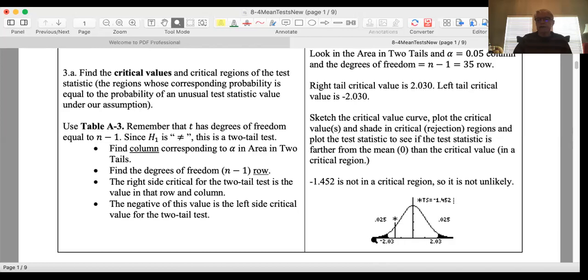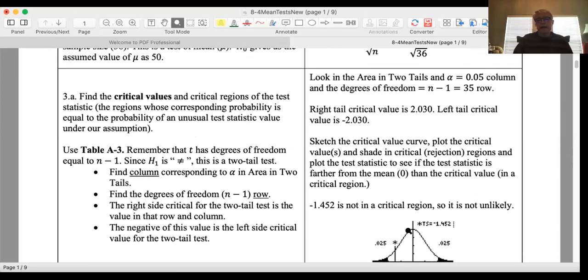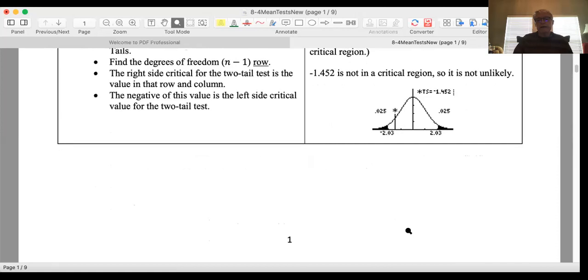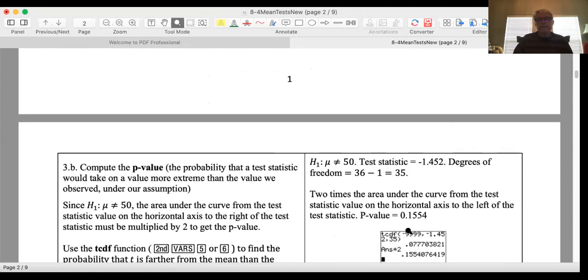And in this case, it is not. So the critical regions are out in the tails. This is not out in the tail, therefore we would fail to reject in step 4. Okay, so that's how we're going to use critical values for this problem. And we see that our test statistic is not unlikely.